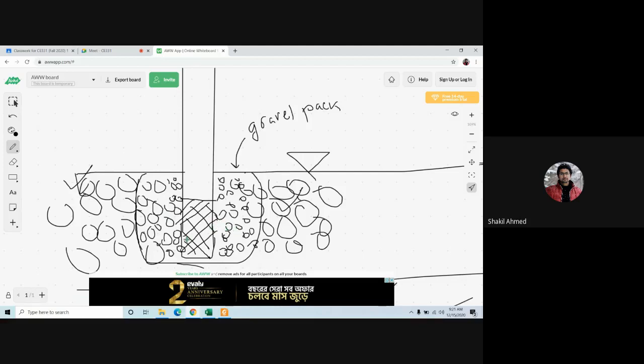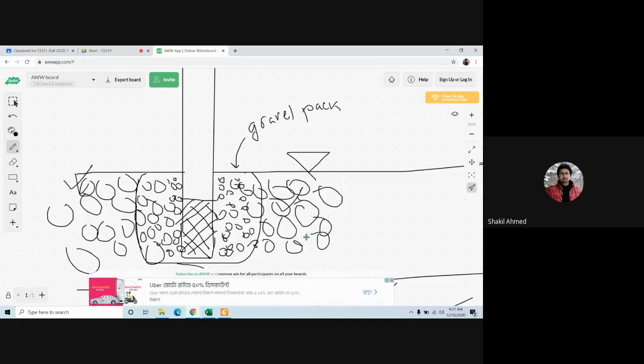Okay, clear? So you can see gradually these particles are going from larger pore openings to smaller openings.